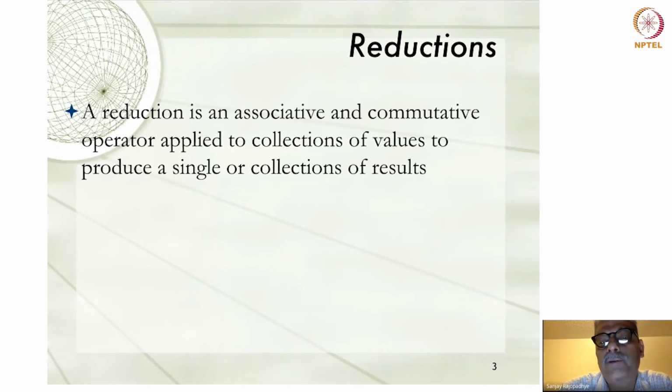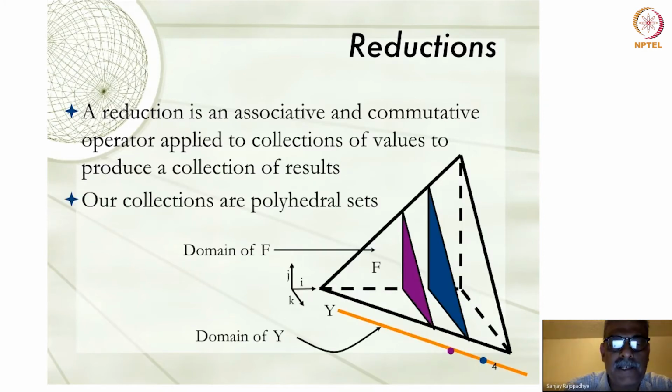It is applied to collections of values to produce a single result or collections of results, exactly like in the equations I sent you. Here is an example. Our collections are all polyhedral sets. Here is some variable f that is defined over this pyramid. It's a tetrahedron. And there is an answer y that is produced, and it happens to be one-dimensional.